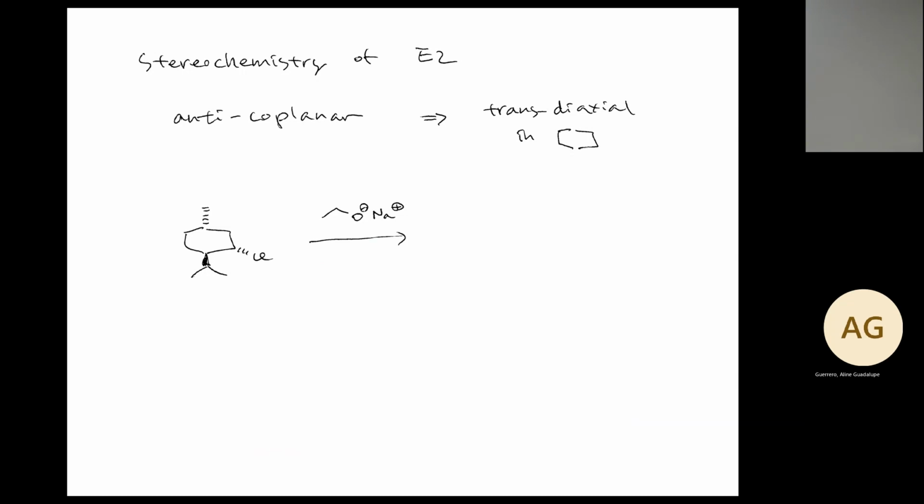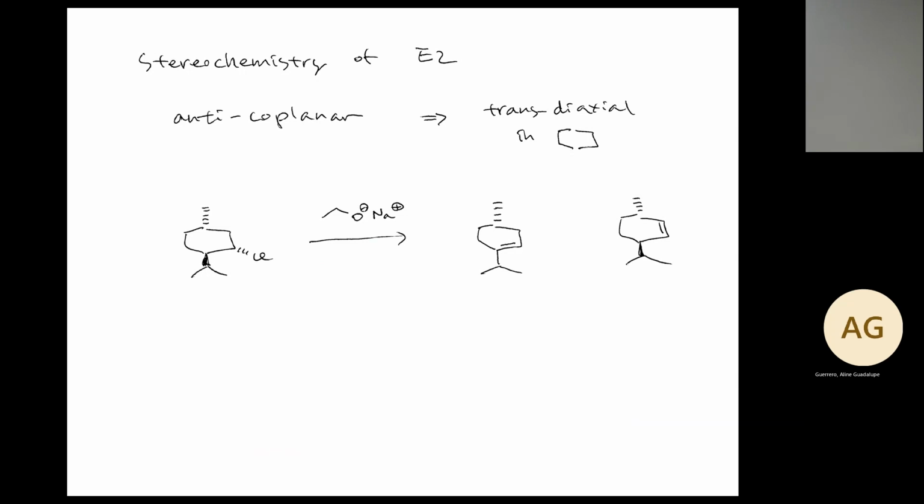But if you see this molecule here, there's a hydrogen there, but that hydrogen is cis. So you may think that the base will come to this hydrogen here and make a double bond, and that could make a more substituted double bond. But because of the E2 elimination reaction, because of the anti-coplanar or trans-diaxial conformation, this is actually not produced at all. 0%.